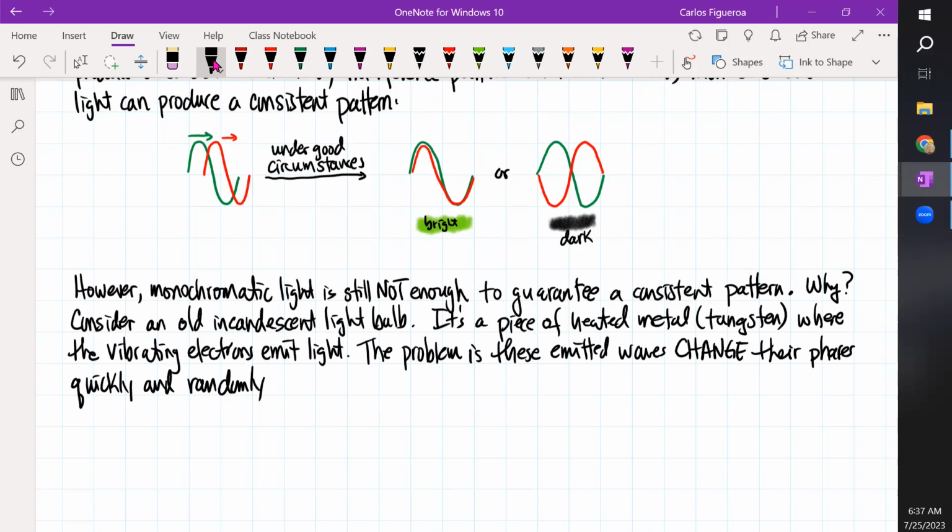And the reason for that is because the electrons in metals move in a random way. This source of changing phase is called incoherent.